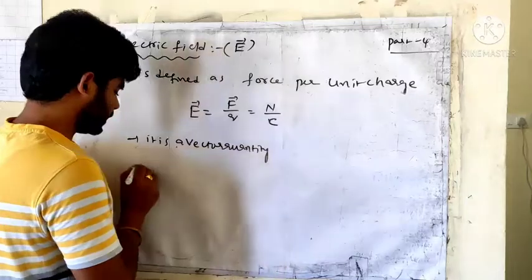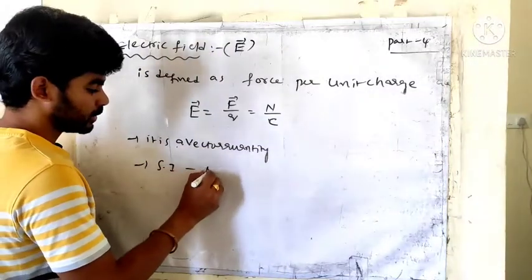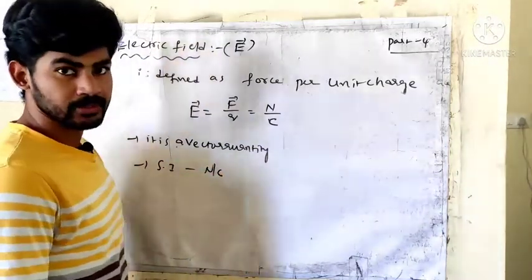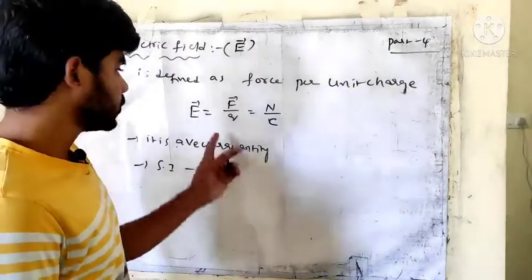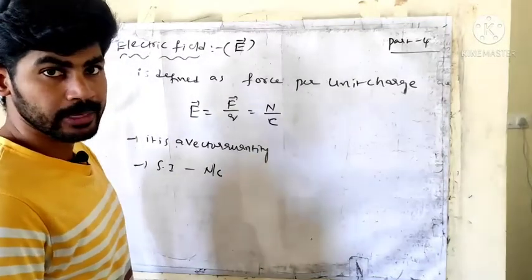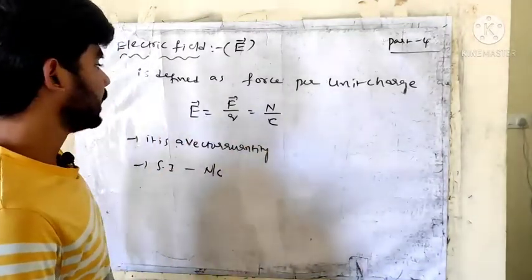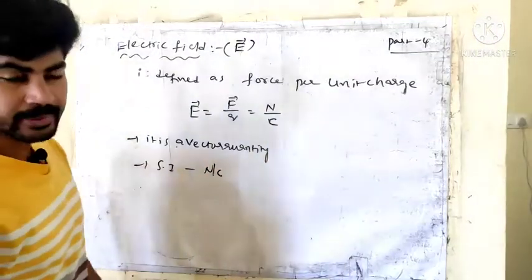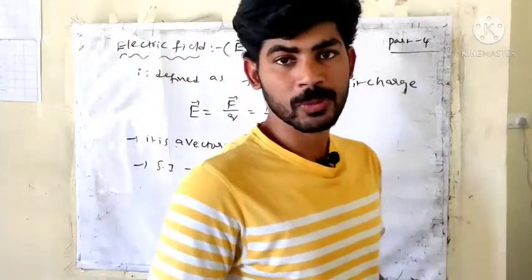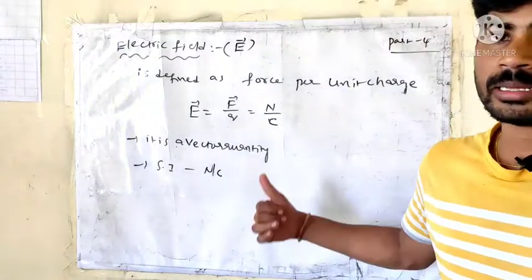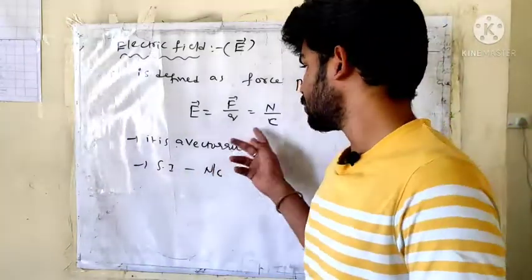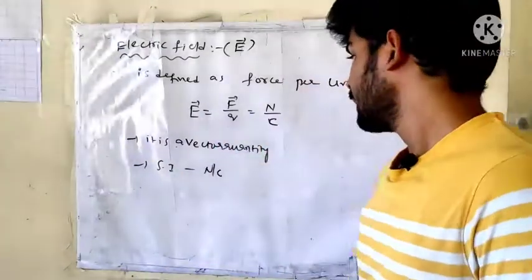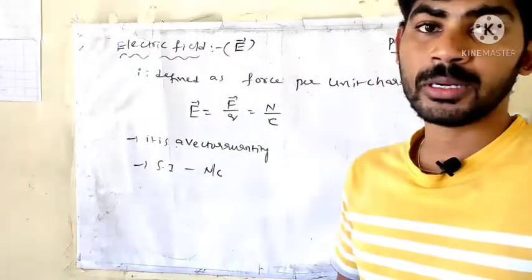So the electric field is defined as electrostatic force per unit charge, the formula is E = F by q, it is a vector quantity, and the SI unit is newton per coulomb.